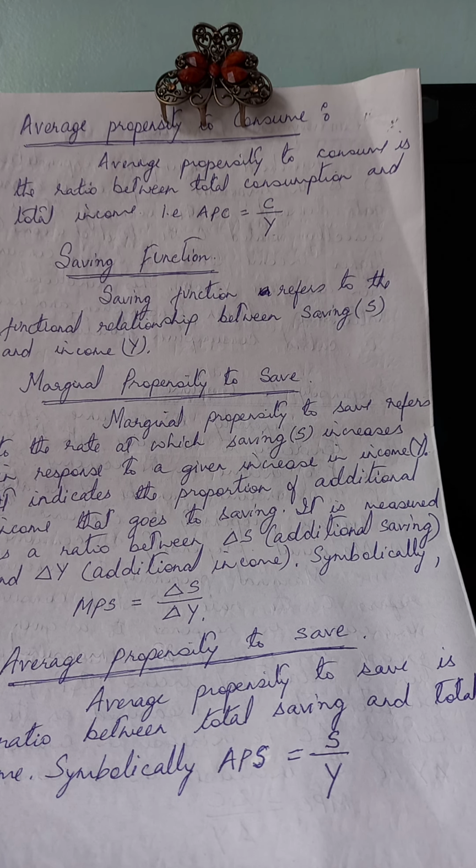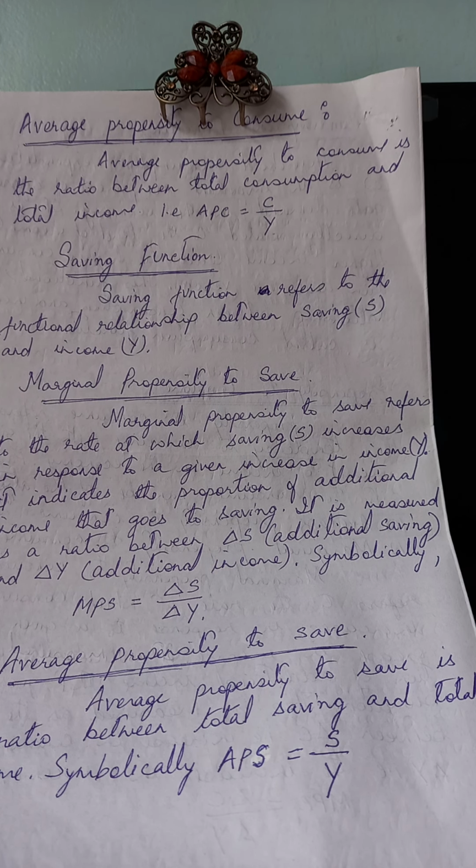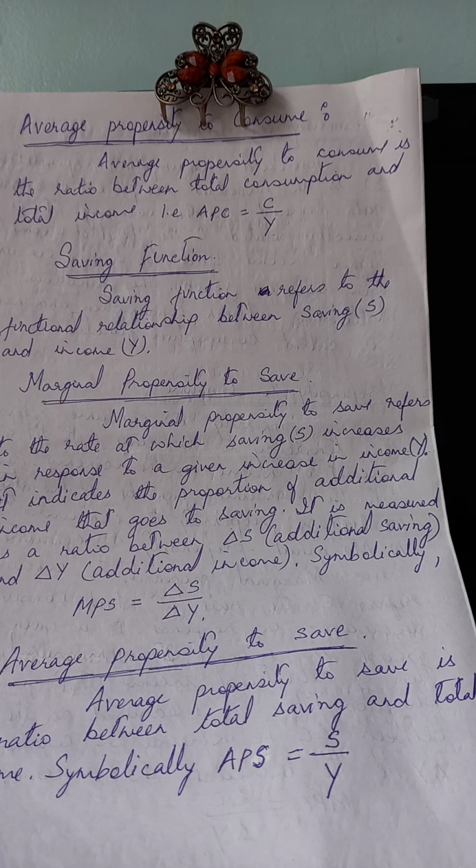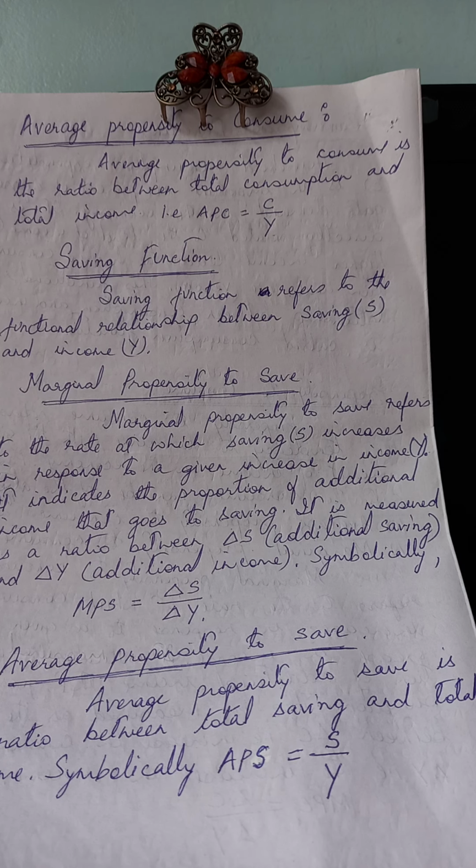That means how much consumption, how much expenditure in total, do we consume out of the total income. Symbolically, the average propensity to consume is written as C divided by Y, where C refers to the consumption expenditures and Y refers to the income level.